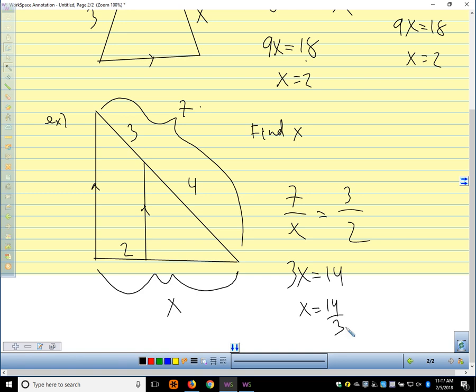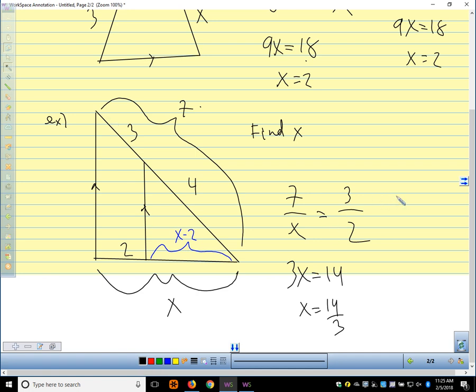I could solve this a different way. I could figure out what this length is. If this whole side is x and this bit is 2, how much is left for this side? X minus 2. So if this were 10 and this were 2, this would be 8. If this were 15 and this were 2, this would be 13. So this side is x minus 2. And then I could set up a proportion using that.